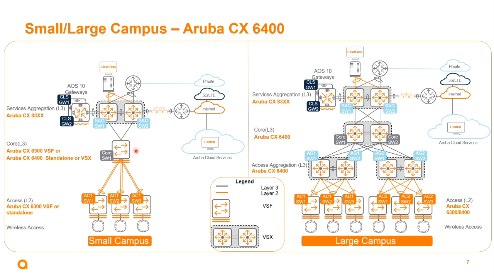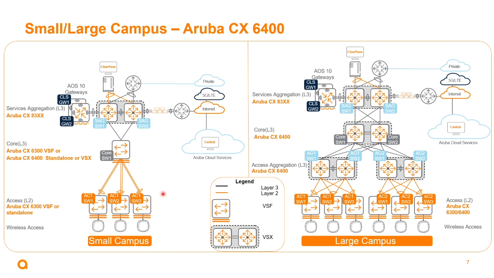We could replace this with a standalone 6400, which has resilience because of management modules, power supplies, fan trays, and multiple line cards. So we could use a standalone 6400, and if you wanted to be even more extravagant, you could put a 6400 in there in VSX using this configuration here.